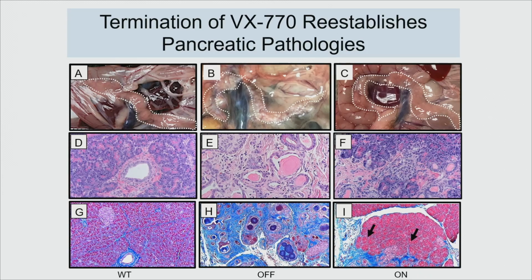They have lost almost all the exocrine acini, and the ducts are dilated and filled with mucus in the lumen. In the on pancreas, I think 90% is normal, with just some small focal abnormalities. The bottom histology shows fibrosis staining in the off-group pancreas, severe fibrosis. And that's the histology change.